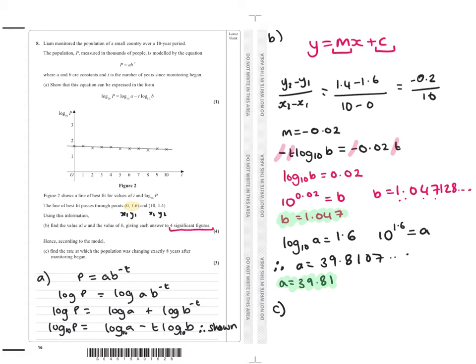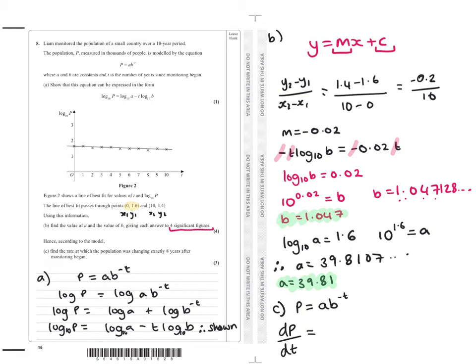Okay, so we know that p equals ab to the negative t. We want to find the differential with respect to t. Okay? So, we know how we're going to differentiate this. Remember, our t is essentially an x. Okay, this is what we're differentiating with respect to.